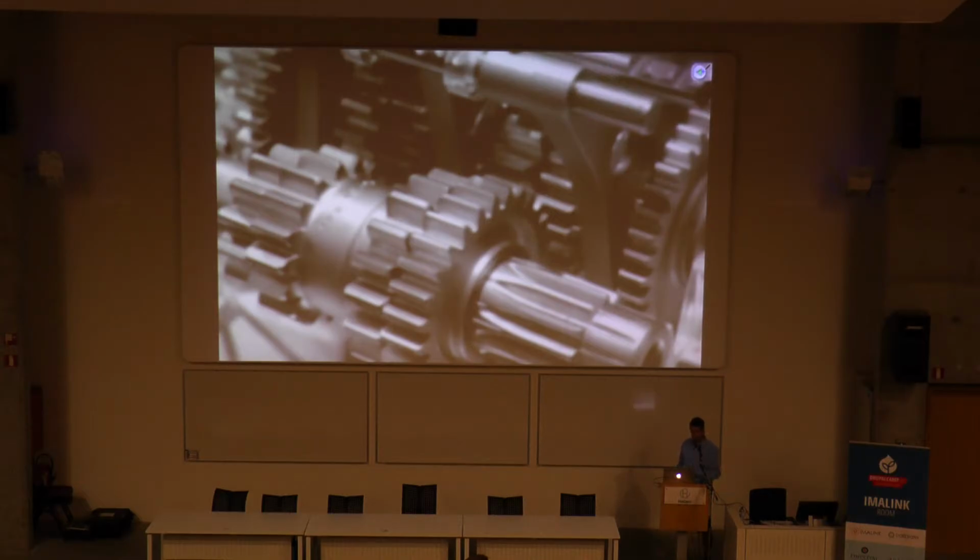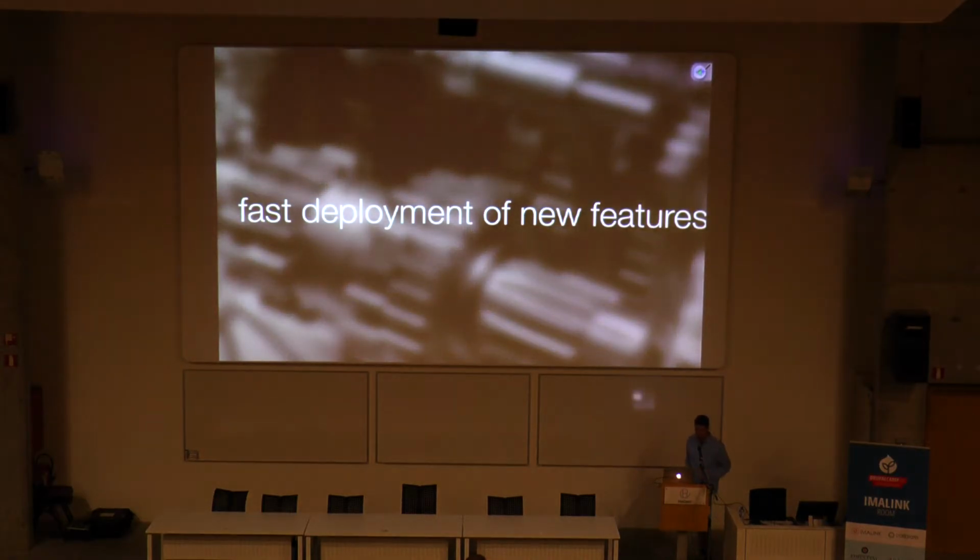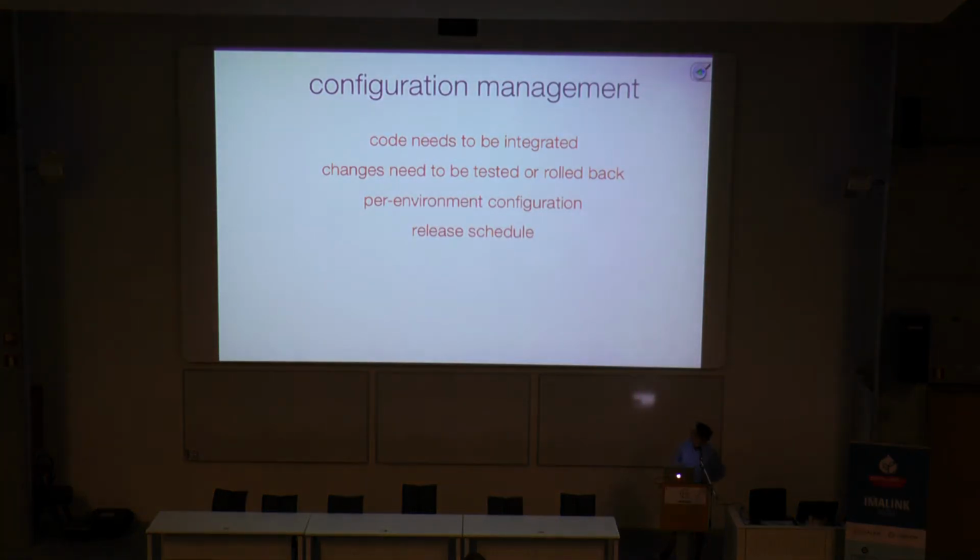Alright, some technical changes. It's now much easier to deploy new versions of the website, of the code base, to your staging server, production server, acceptance, etc. When you're working in a team, some of you might know, it is important that you can integrate your code at certain moments in time.